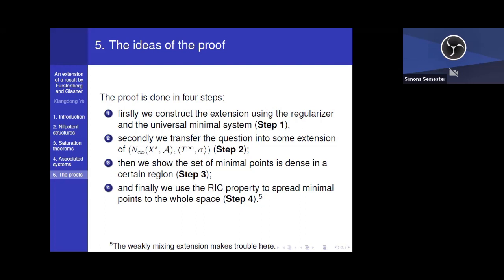The real trouble is when the extension is weakly mixing. In the weakly mixing extension, you have a proximal part and then a distal part. So you should do it in 2 steps. First, you choose a set of minimal points dense in some certain region. Then you use the RIC property to split the whole space, okay?